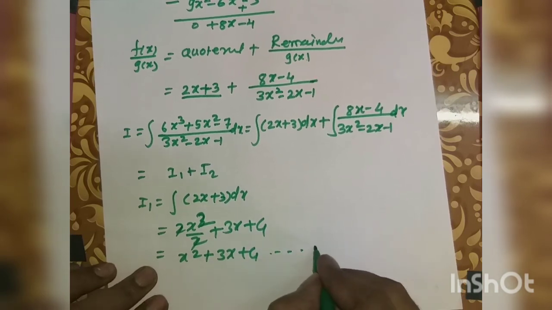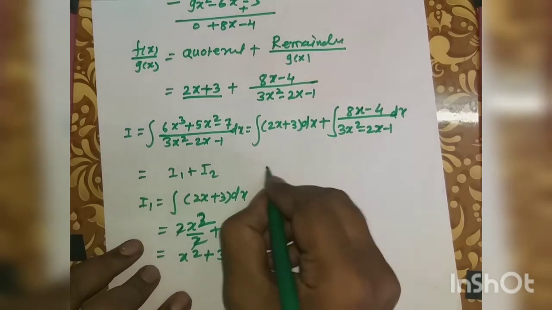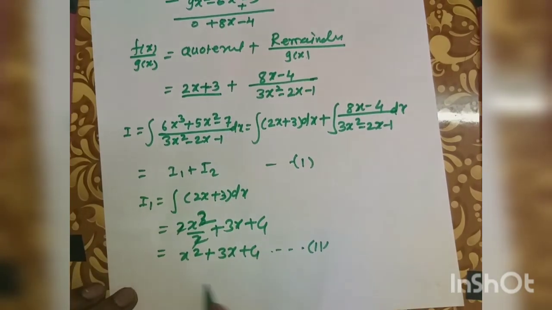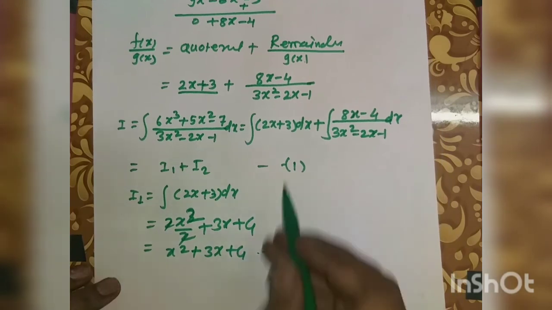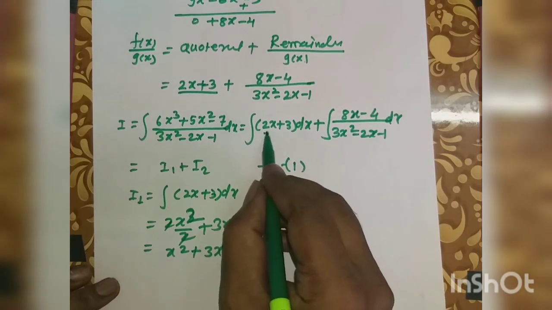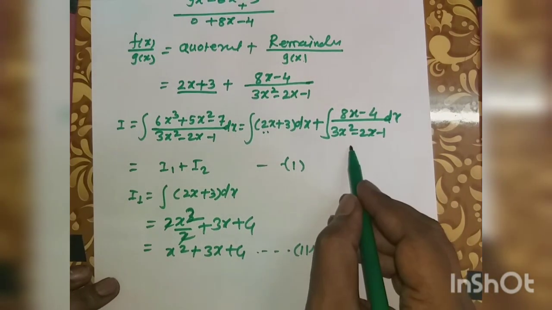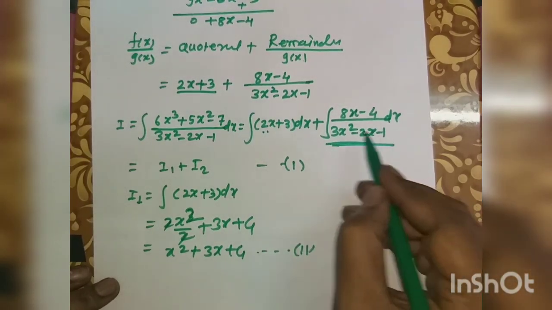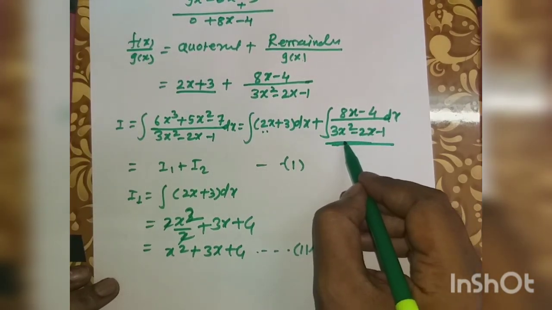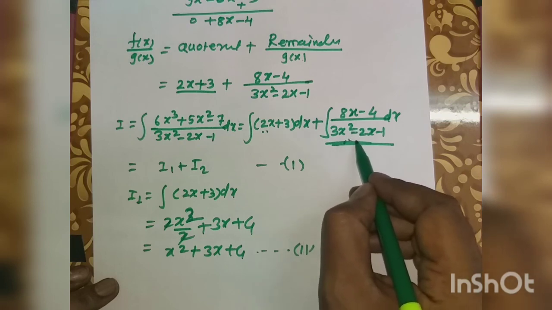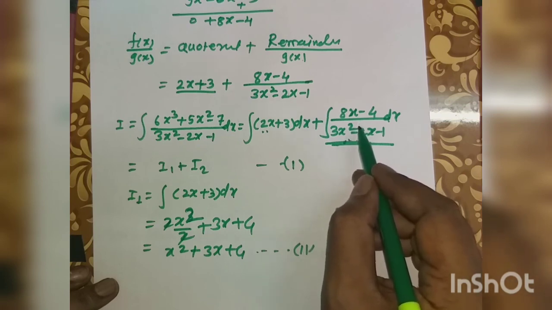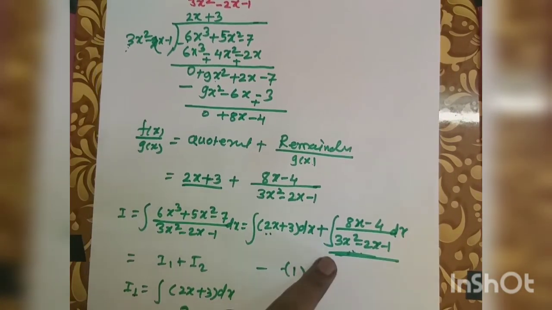It is very simple. The second part is again a linear equation divided by a quadratic equation. That means this quadratic equation is factorized, then we apply the integral by partial fractions. Now we write the second part I2.